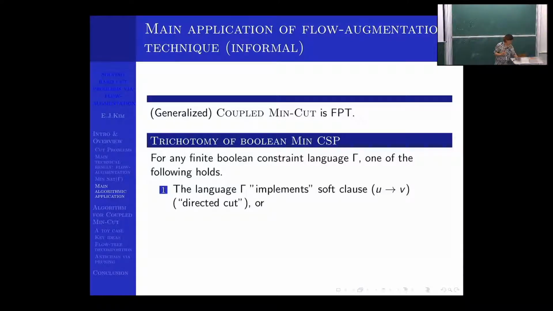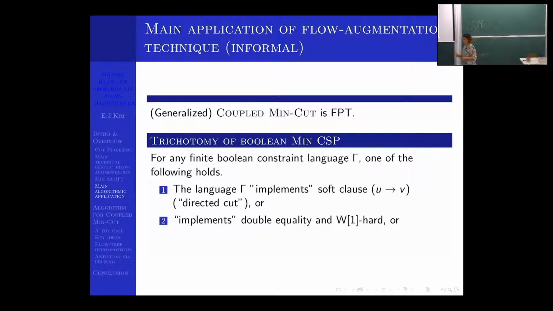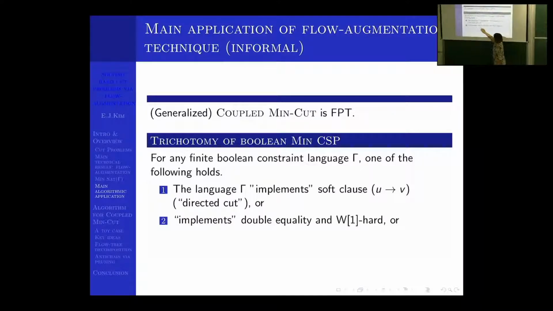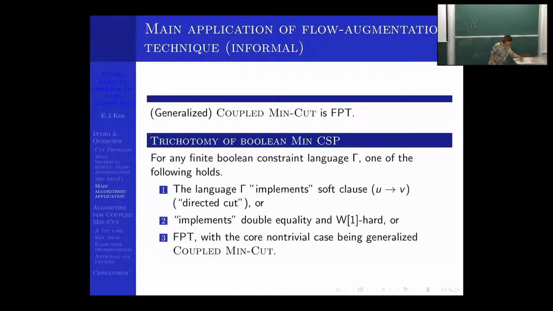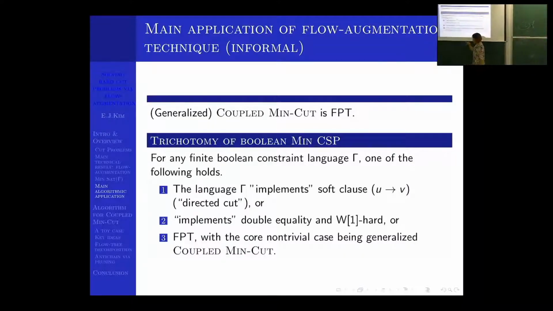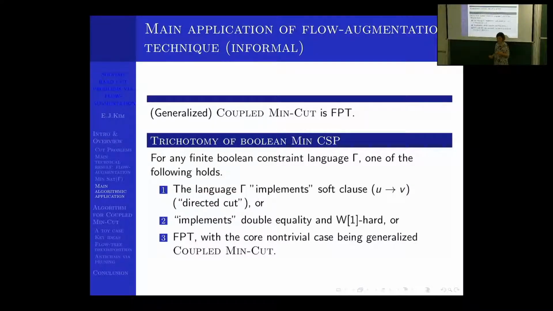This can be formally defined. So either gamma implements some directed cut, which is out of scope since we only care about the undirected case, or it can implement this double equality, and we showed that in this case it's W1-hard. And in the remaining cases, it's FPT, and it can be FPT in two ways. One is a really trivial branching, and the other is actually this generalized coupled min cut.